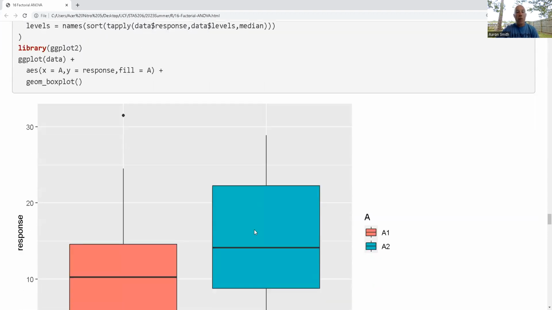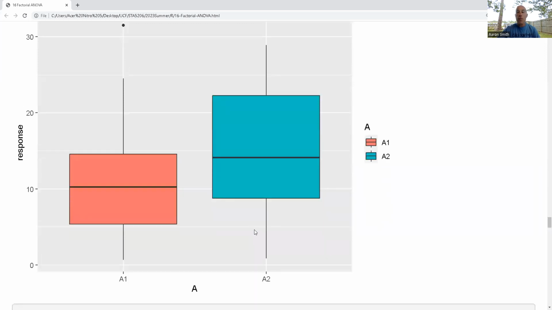Let's visualize the main effect of A. What I want to see, ideally, when I look at the box plots to check for different population averages, is boxes that don't horizontally line up. Here they do. Even though A is statistically significant, they do line up.